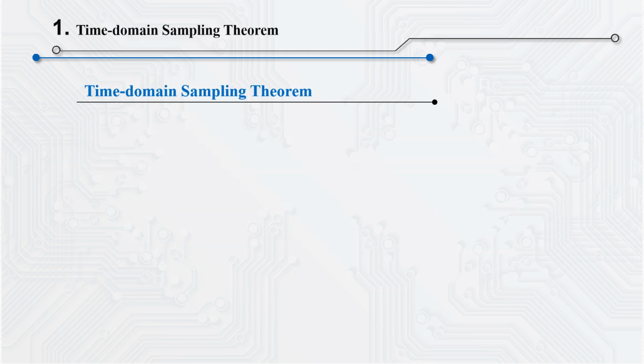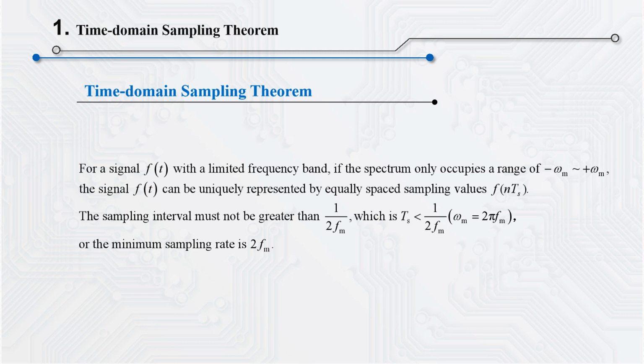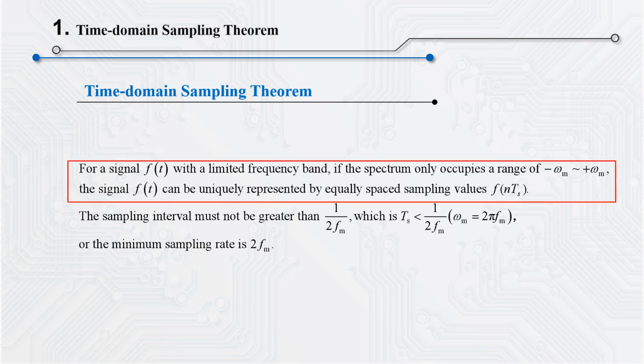First, let's take a look at time domain sampling theorem. For a signal f(t) with limited frequency band, if its spectrum only occupies the range from -ωm to ωm, the signal f(t) can be represented only by equally spaced sampling values f(nTs).